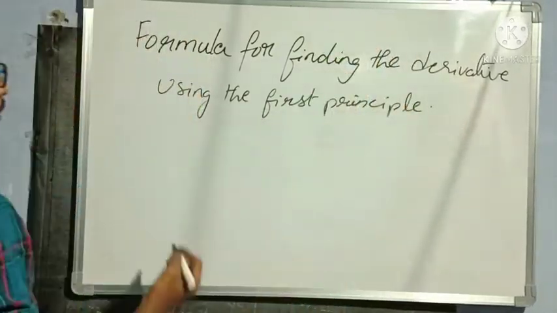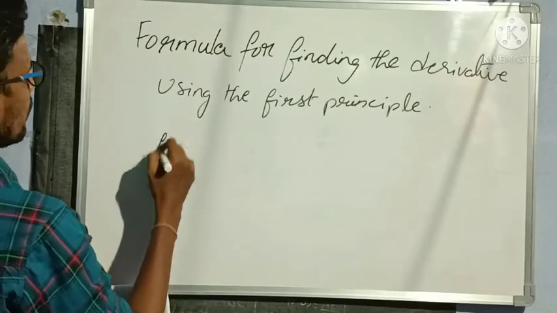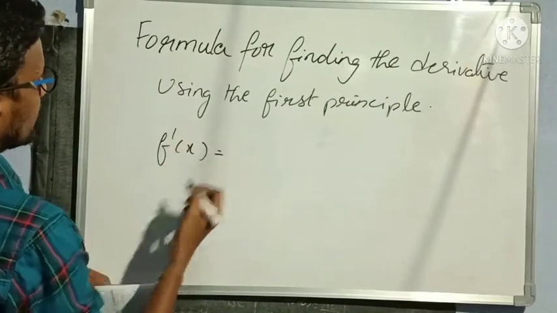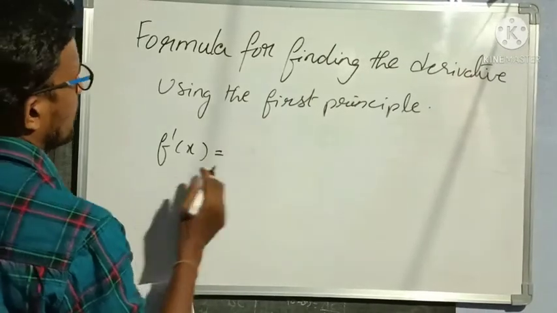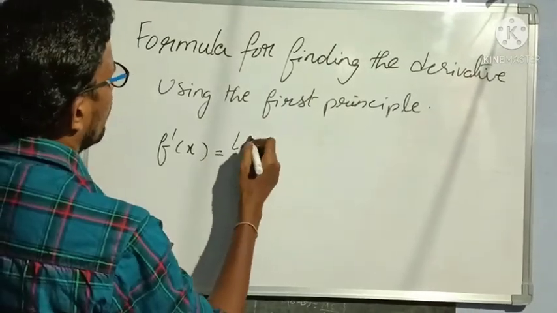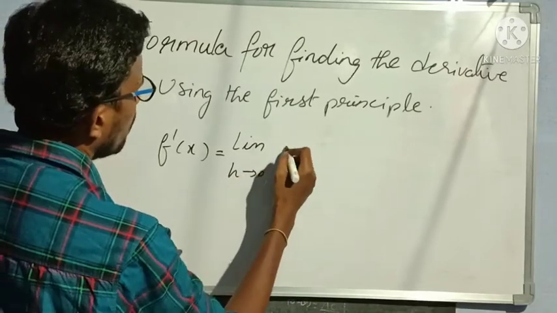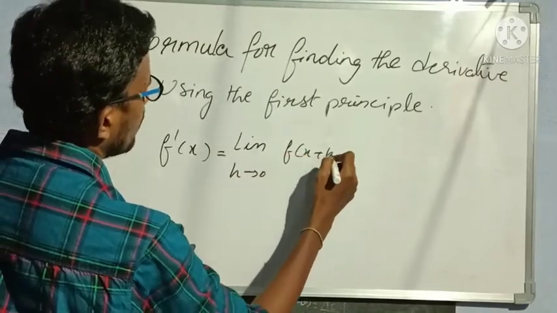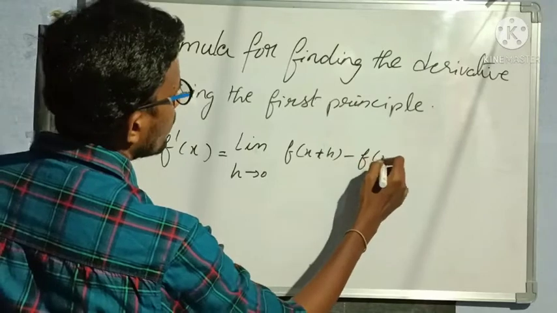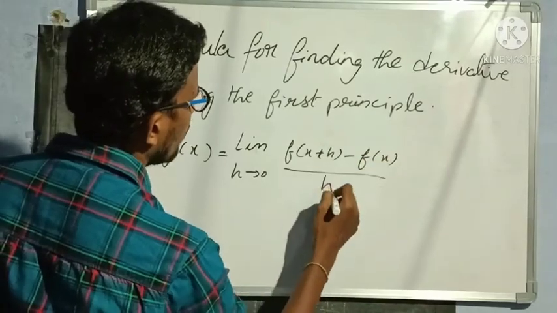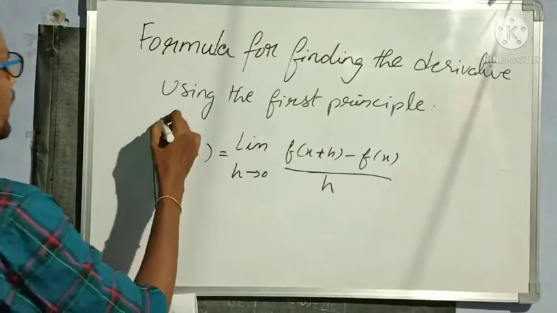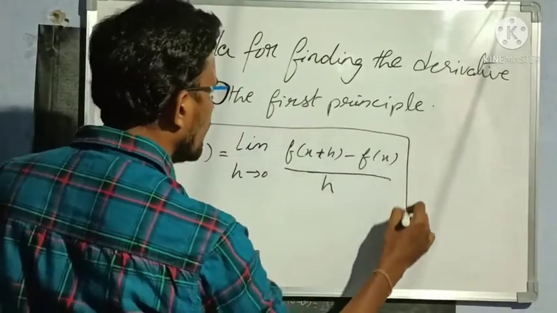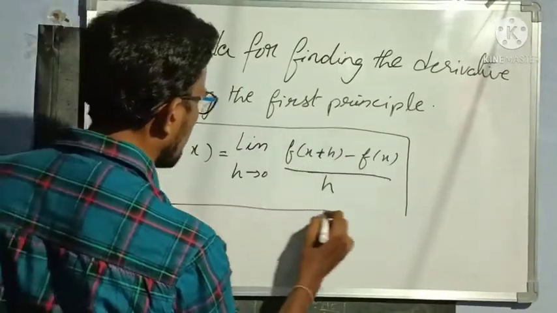So what is the formula? f dash x, the derivative of the function f of x, is equal to limit h tends to 0 of f of x plus h minus f of x by h. This is the formula for finding derivative using first principle.